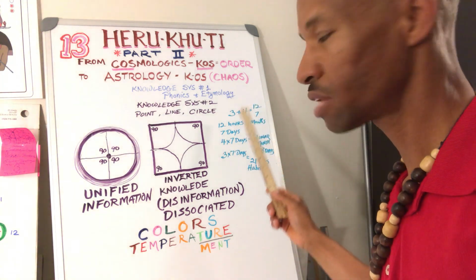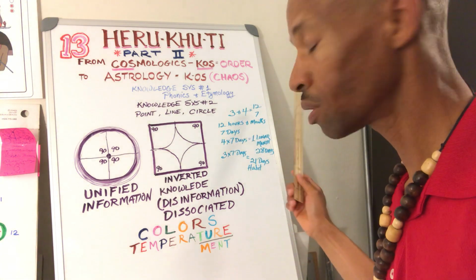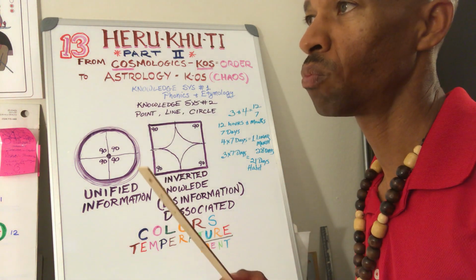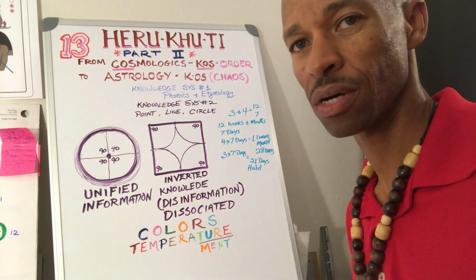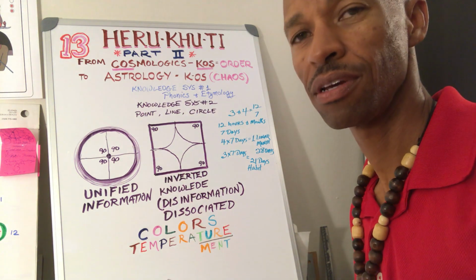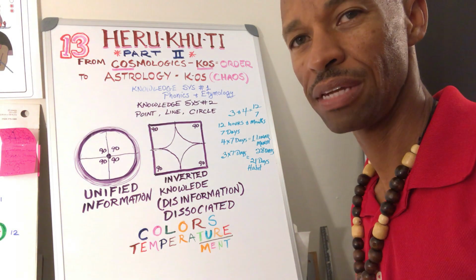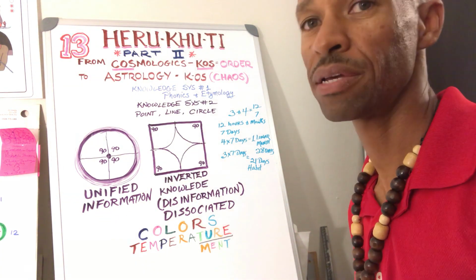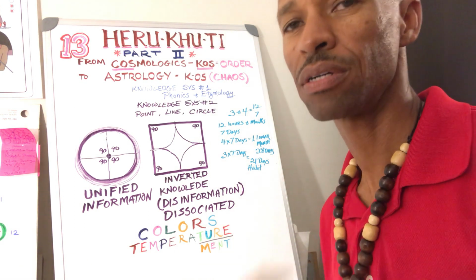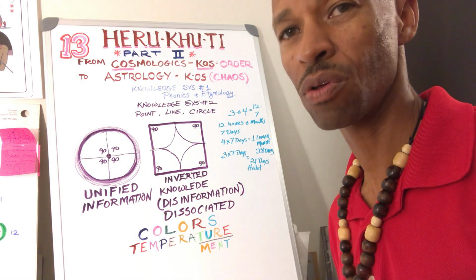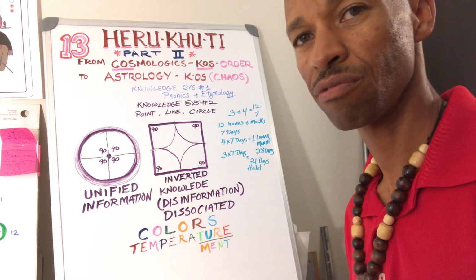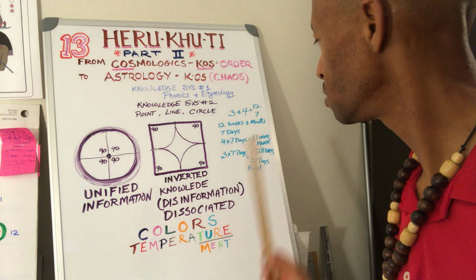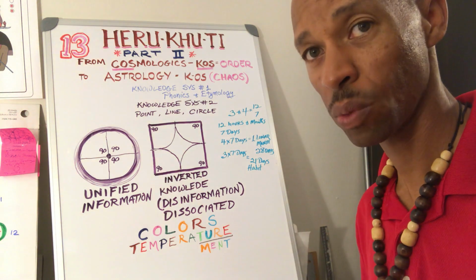We have the 7 days, 3 plus 4, which is 7, corresponding to the week, in which each week we have the seven lords of the day, the 7 planets, or the planes of consciousness that are directing the weather conditions of our environment.